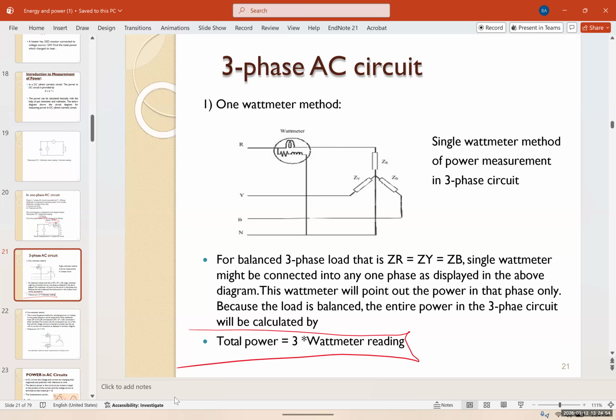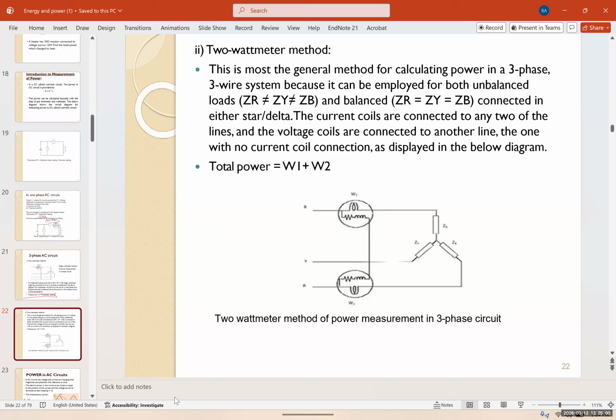So if the wattmeter shows 10 kilowatts, the total would be 30 kilowatts. Now, for a 2 wattmeter method, and we calculated this as well, if we have 2 powers measured, the total power would be equal to the summation of wattmeter number 1 plus wattmeter number 2.